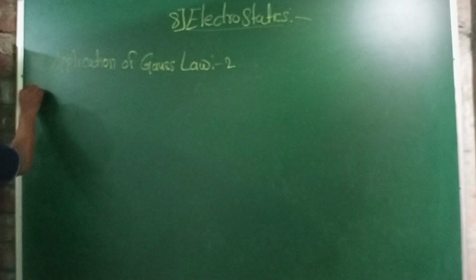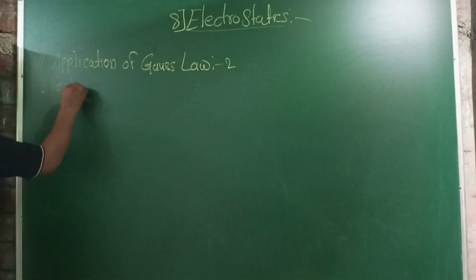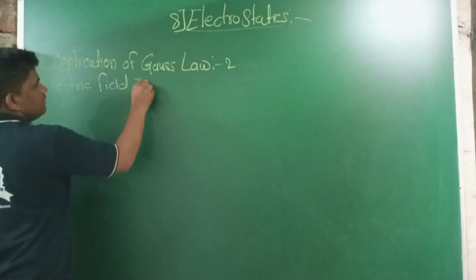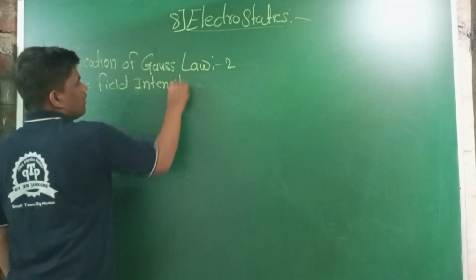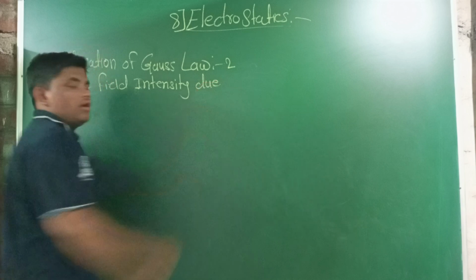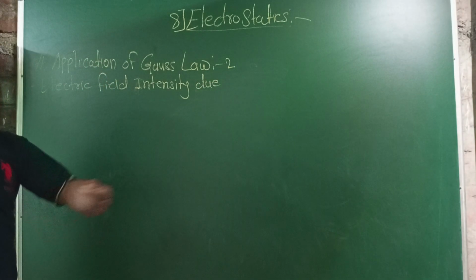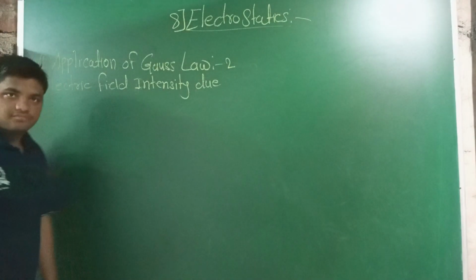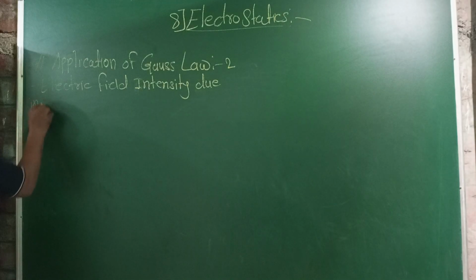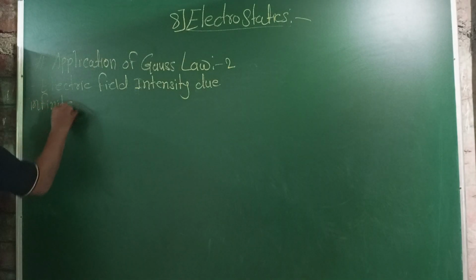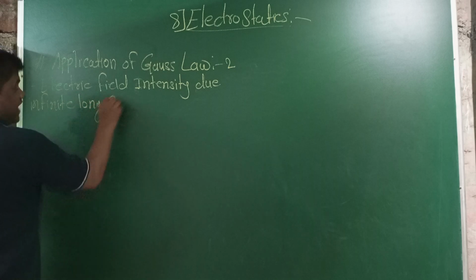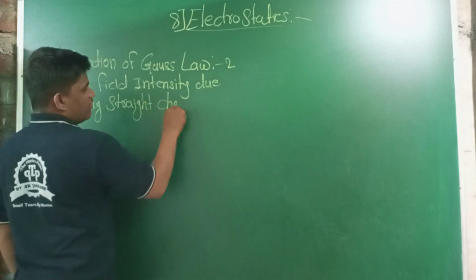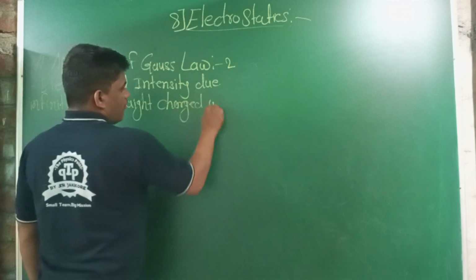We find the electric field intensity due to a long straight infinite wire, or uniformly charged wire, due to an infinitely long straight uniformly charged wire.